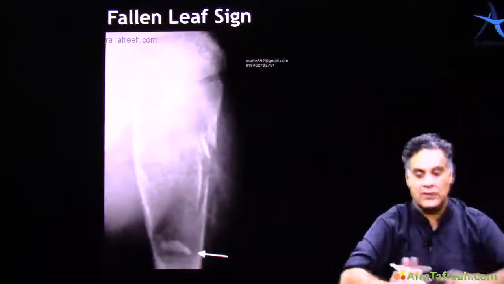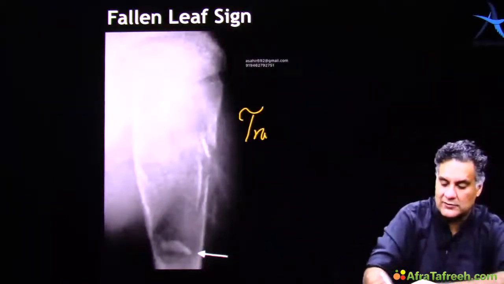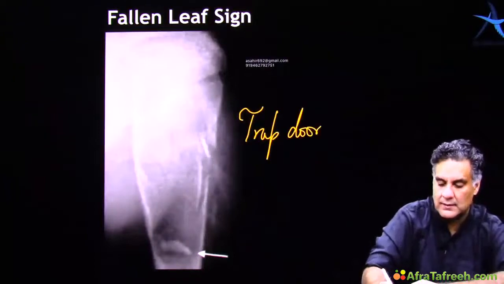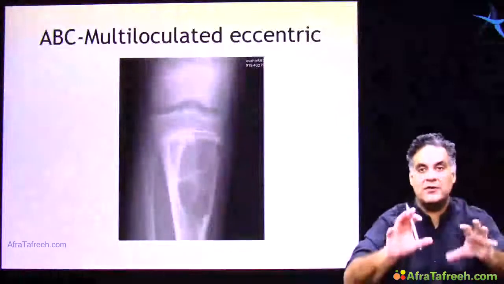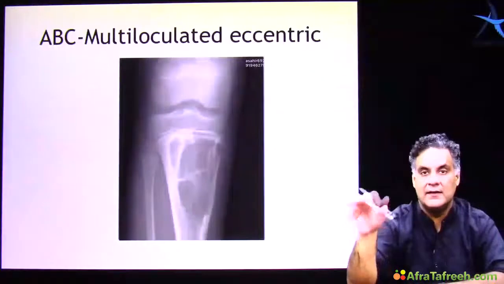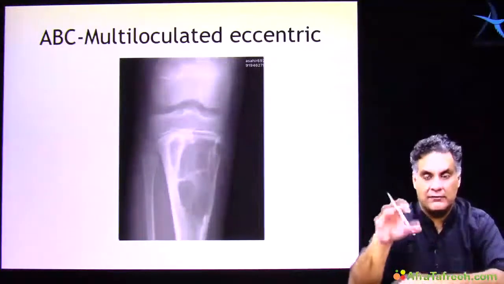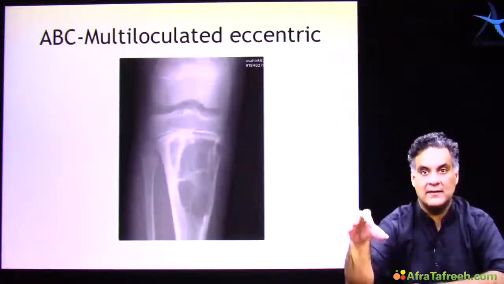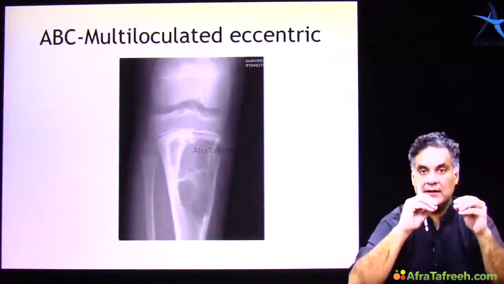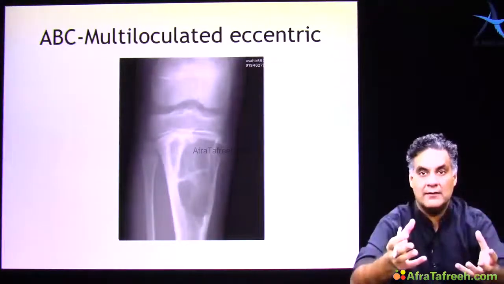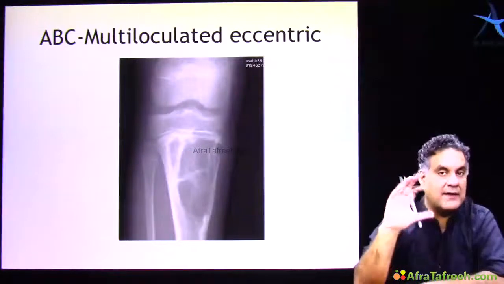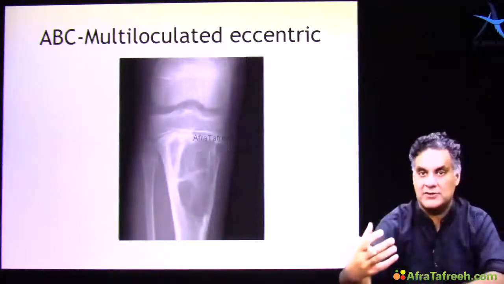There's one more sign called a trapdoor sign, which is also seen in this lesion. Coming to the second lesion, aneurysmal bone cyst, multiloculated. If you get an MRI of an aneurysmal bone cyst, it will show a fluid level. And ABC is a metaphyseal lesion seen before skeletal maturity.